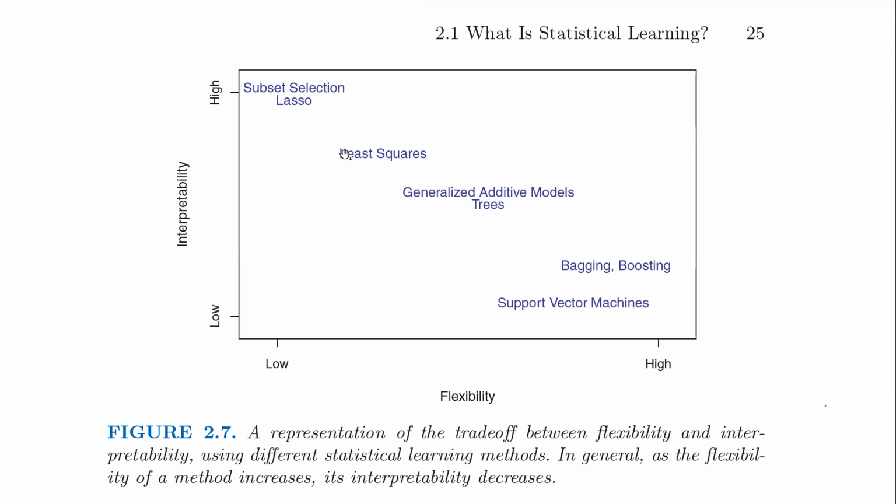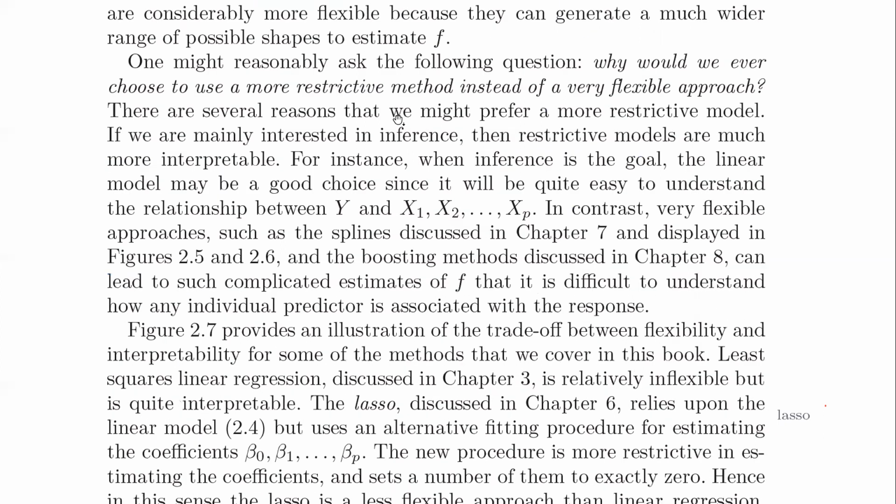So for example, these squares would be your linear regression, where it's scoring high or close to high on interpretability. The trade-off is it's not that high when it comes to the flexibility.